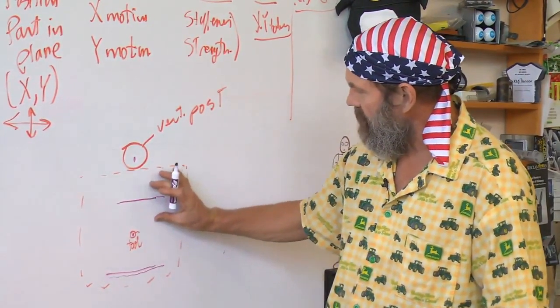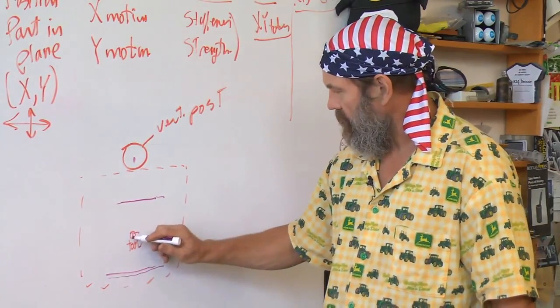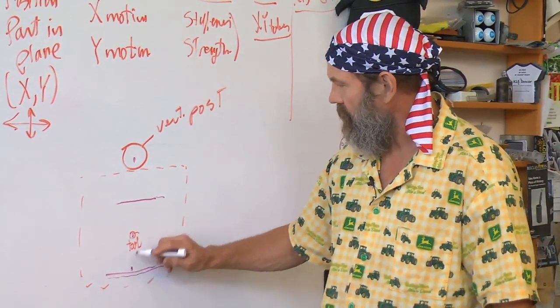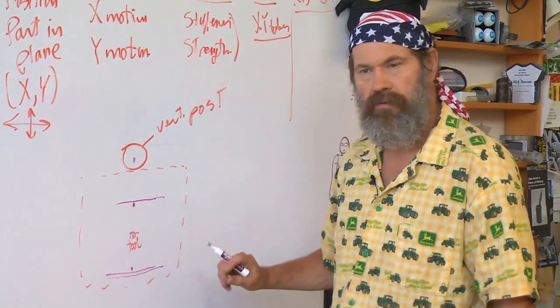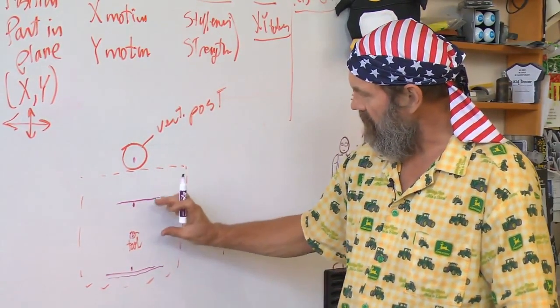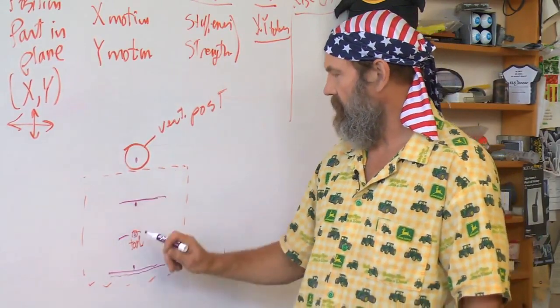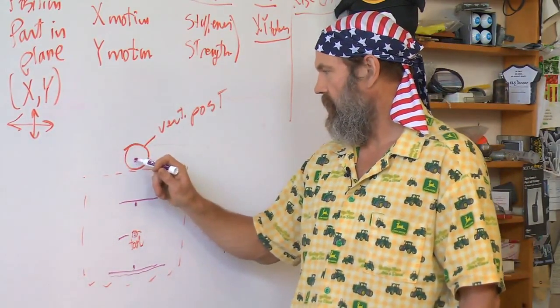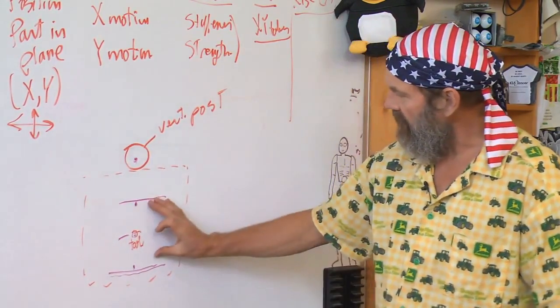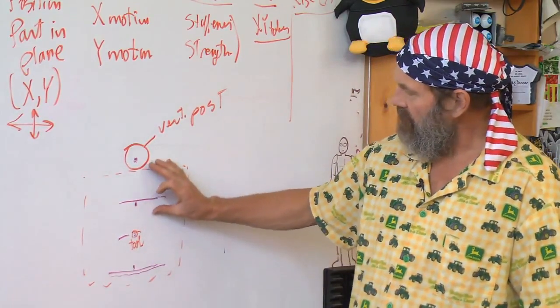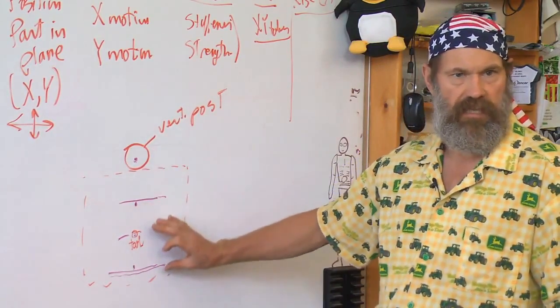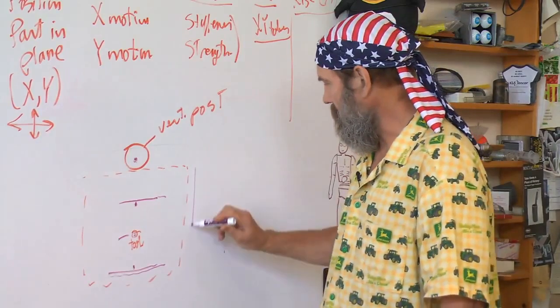I can move this so that the tool can drill on this edge or this edge. So nominally, the maximum width of the part is the distance from the center of the tool to the column, which also defines the range of travel of my stage in what we'll call the y direction.